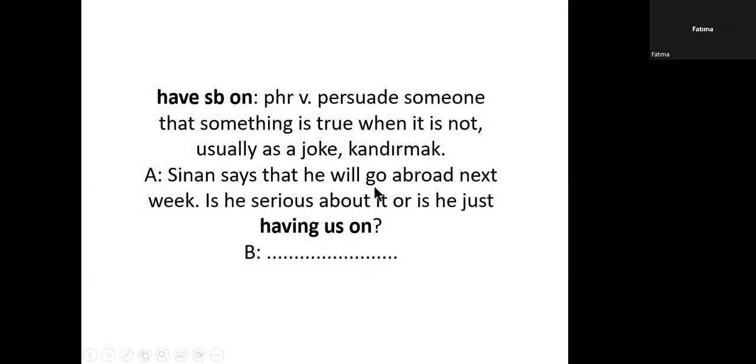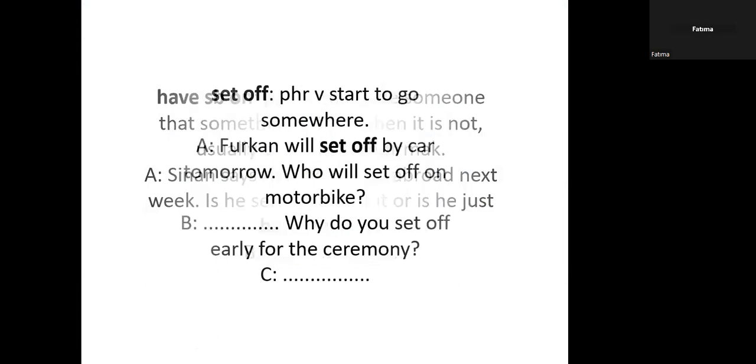Sinan says that he will go abroad next week. Is he serious about it, or is he just having us on? I don't think he is having us on. I am sure he is serious that he will go abroad next week.